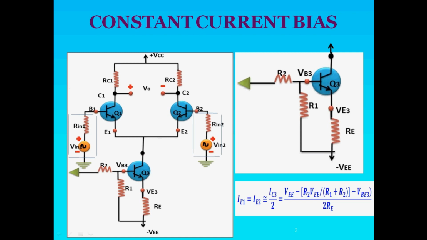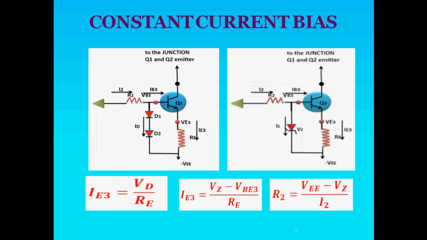The other constant current bias circuit is one where, in place of resistor R1, we have put two diodes D1 and D2, and this will provide thermal stability to the circuit. An increase in the temperature of transistor Q3 will reduce the voltage drop between base and emitter, and hence maximum current IB3 will be flowing into the input terminal.